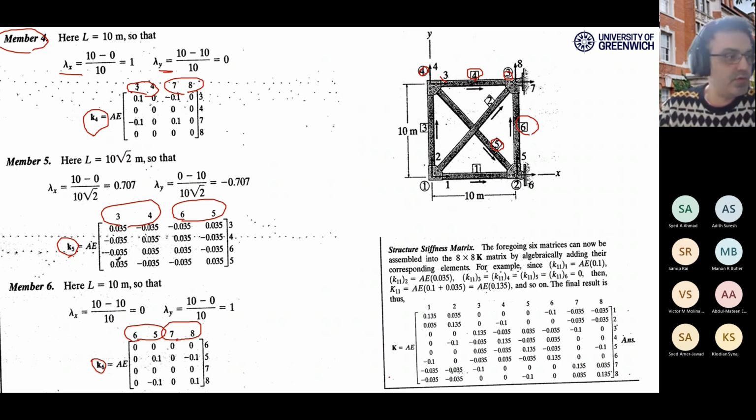The matrix for the whole structure is shown here. And you need to really write an 8 by 8 matrix full of 0, okay?